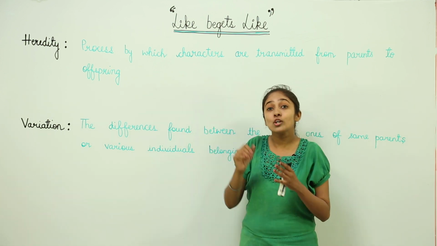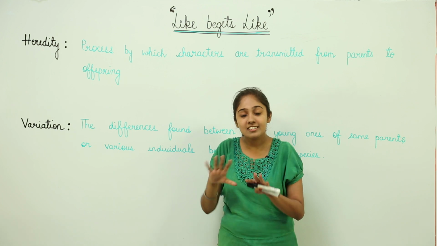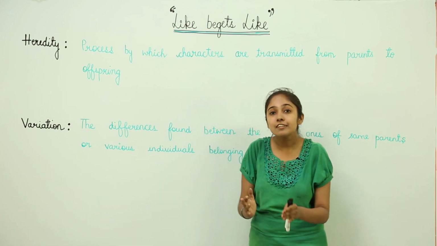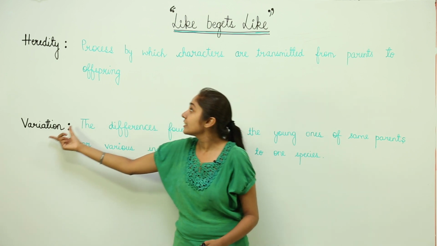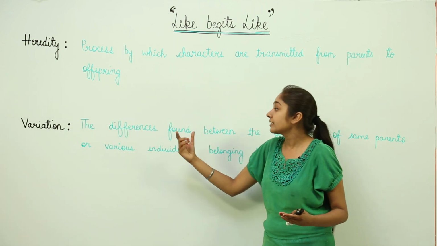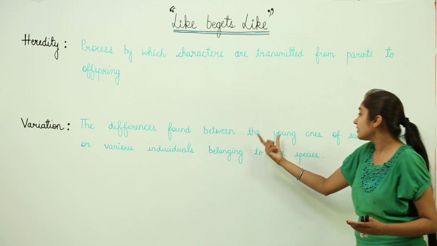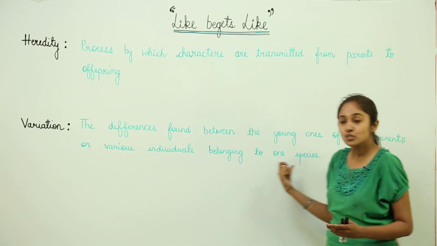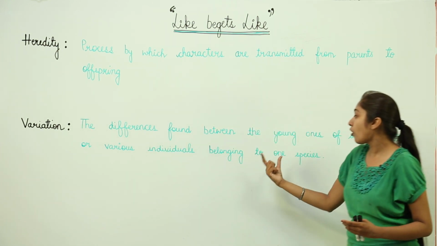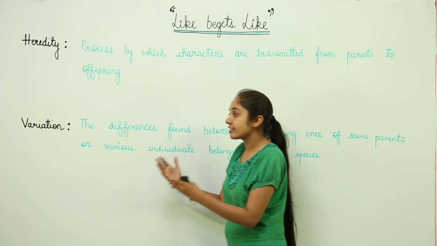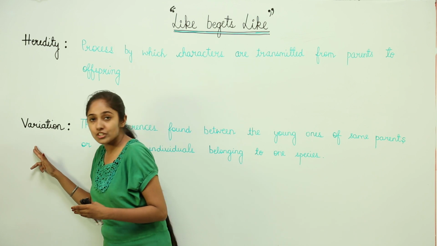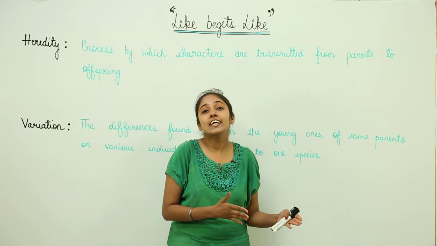But you don't look exactly like your parents. There are some differences, and those differences we term as variation. So what is variation? The differences found between the young ones of the same parents or various individuals belonging to one species. Because of variation you don't look exactly like your parents.